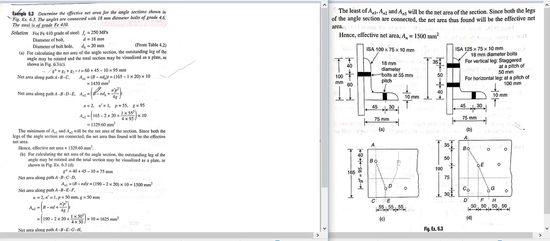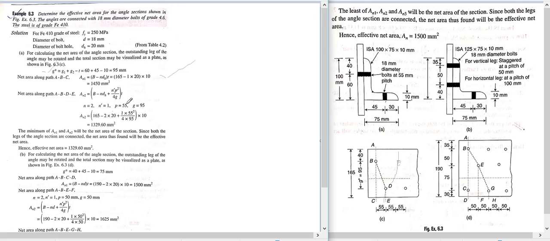So (B minus N into Dh plus N dash into p square by 4g) bracket complete, and then into t. Here N, the number of bolts, is 2, and the number of path changes is 1, so N dash is 1.